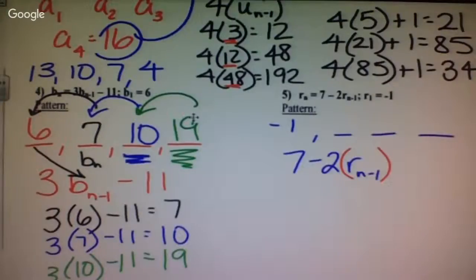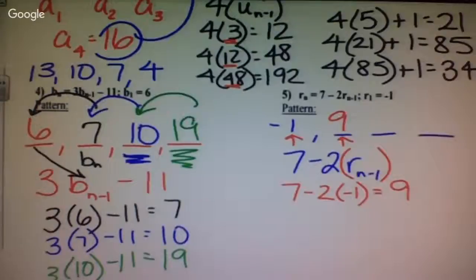Because it's -1, if I'm trying to find this one, I need to go 1 space backwards and use that number. So 7 minus 2 times -1. -2 times -1 makes a +2, and 7 plus 2 gives me 9.